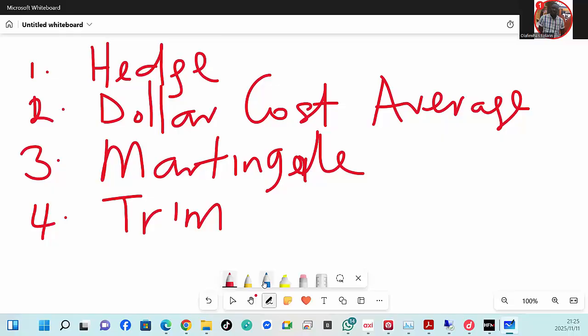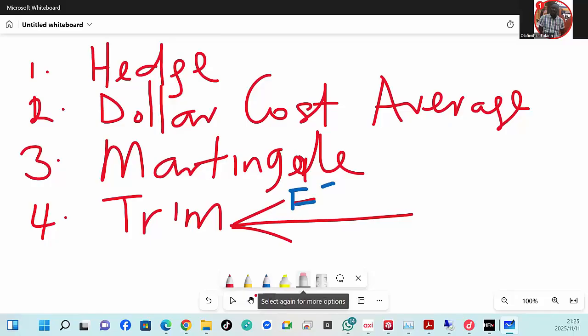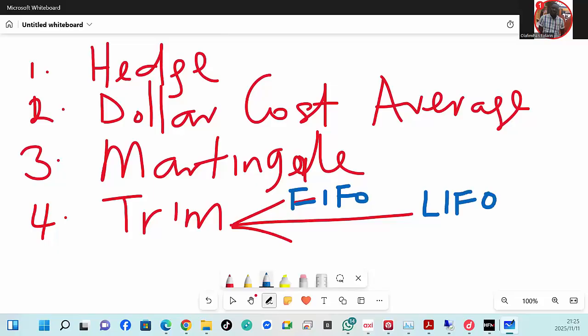In our trimming, we have three types. One is the FIFO method. One is the LIFO method. And the third one is random.